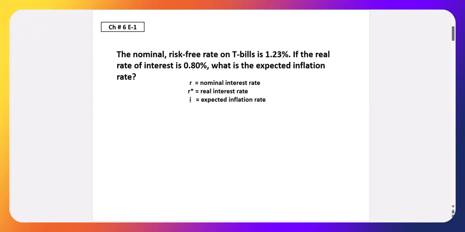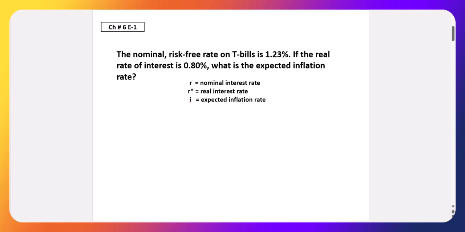Okay, let's start off with Chapter 6, Exercise 1. The nominal risk-free rate on T-bills is 1.23%. If the real rate of interest is 0.8%, what is the expected inflation rate?